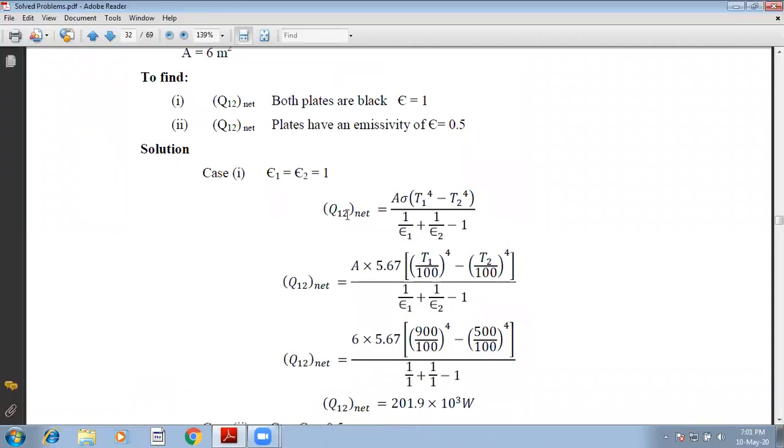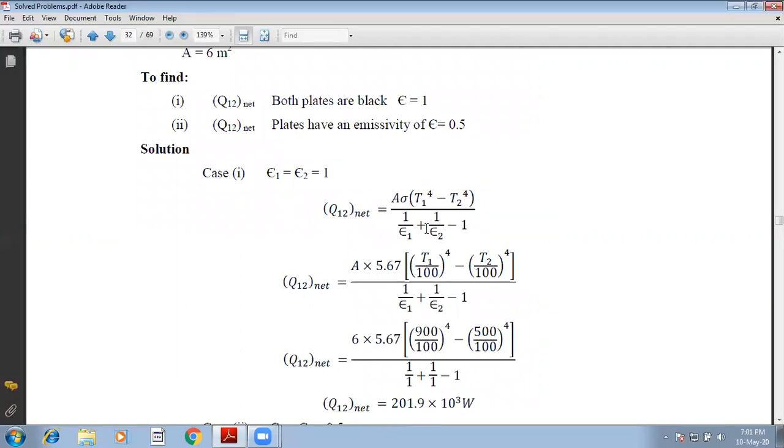Now, Q net from 1 to 2 is equal to sigma A into T1 to the power 4 minus T2 to the power 4 upon 1 upon epsilon 1 plus 1 upon epsilon 2 minus 1.